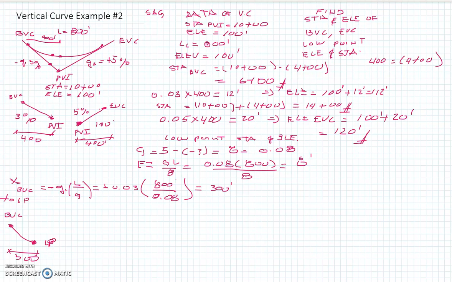So I multiply the slope, 3%, so 0.03 times 300, and it's equal to 9 feet. So from here to here, I rose 9.